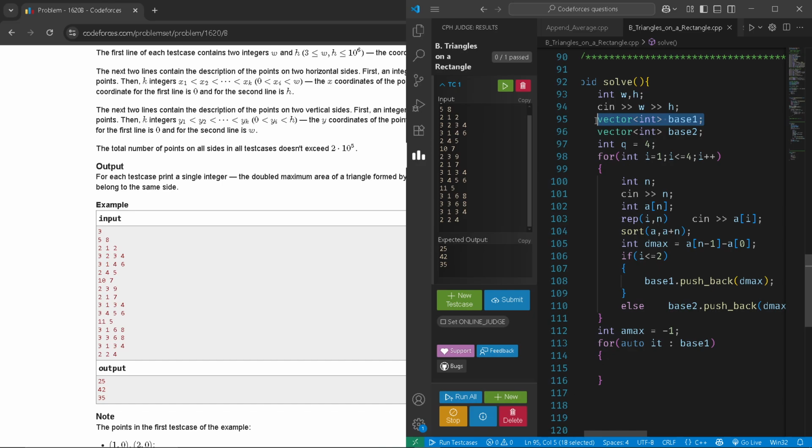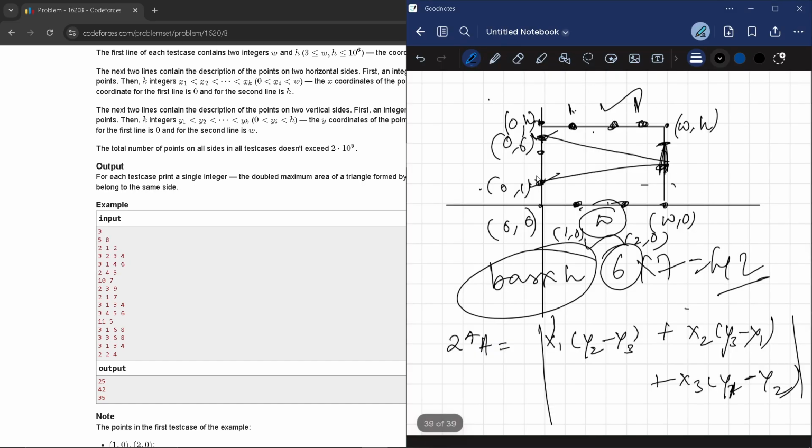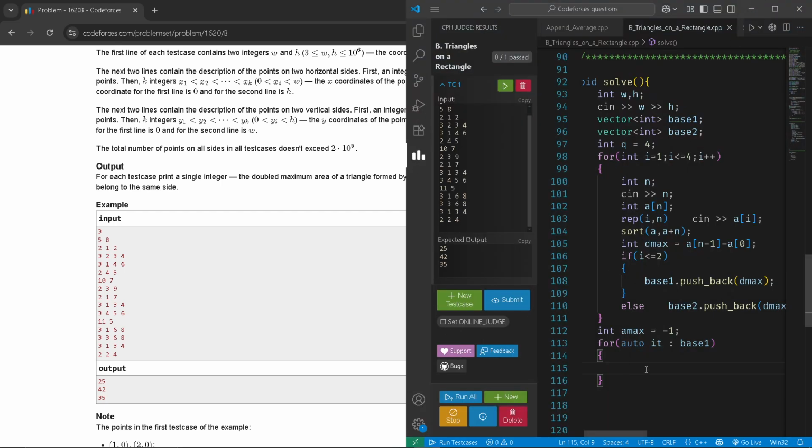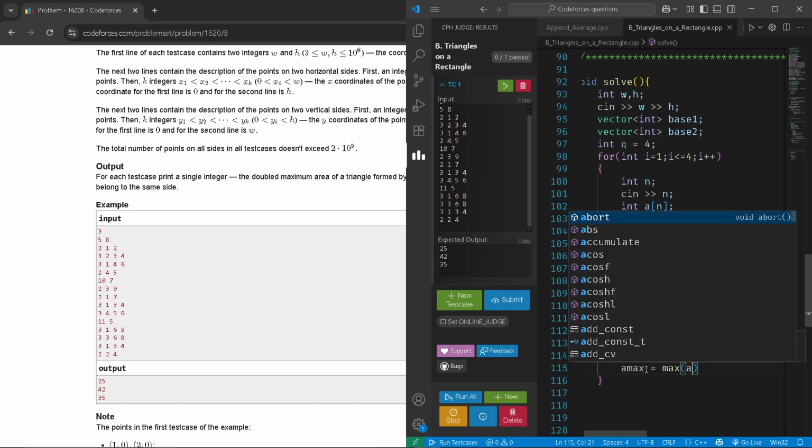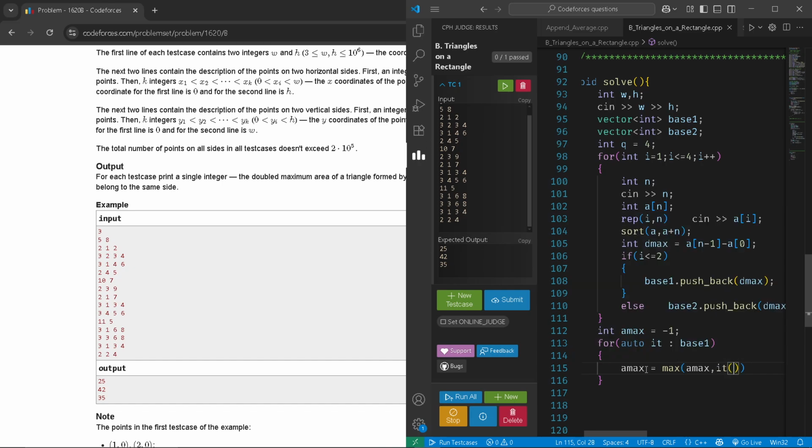This is the distance, and base 1 is the first 2 horizontal sides into h, so I need to multiply this into h. a max is equal to maximum of a max comma it into h.